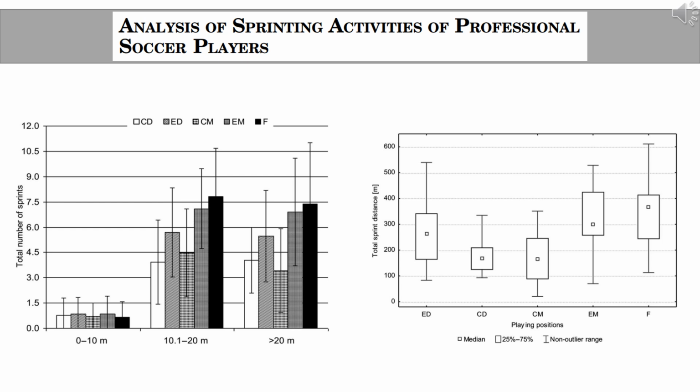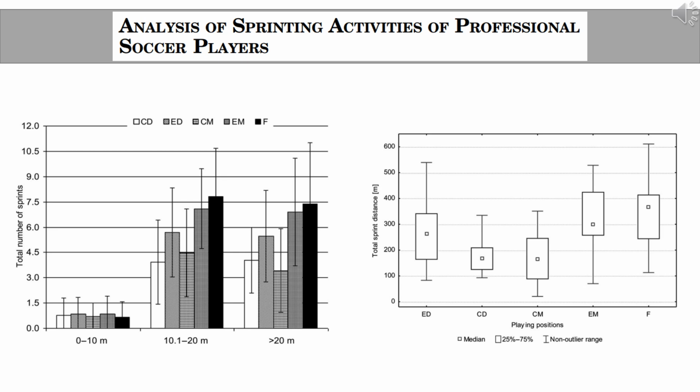And what we can see here for this first figure on the left-hand side is that sprinting has been classified by distance as 0 to 10, 10 to 20, and then greater than 20 meters. And it's looking at the total number of sprints performed by these different outfield playing positions.